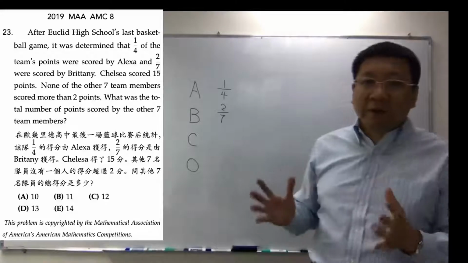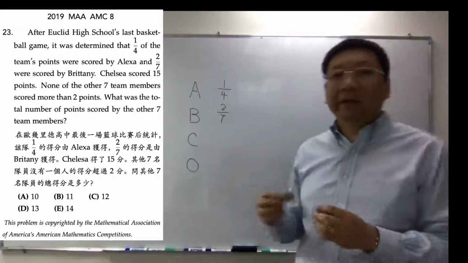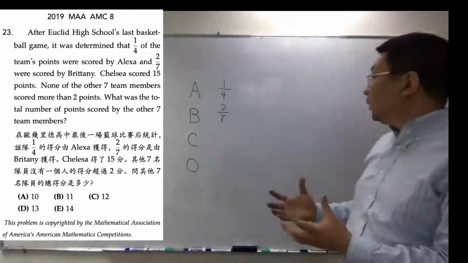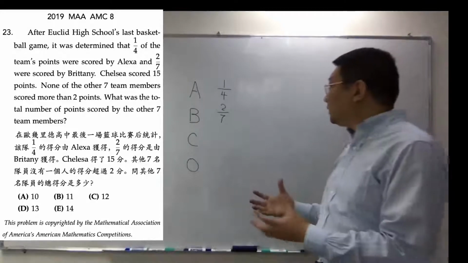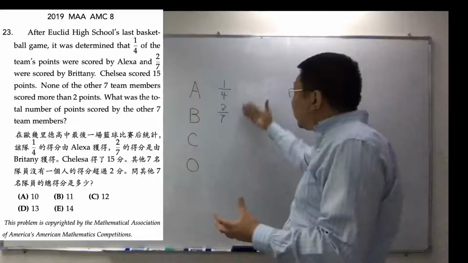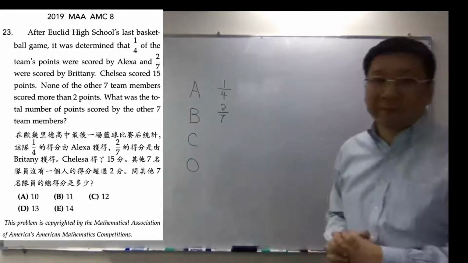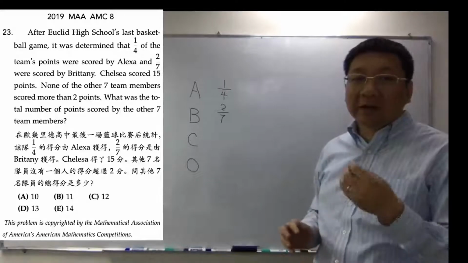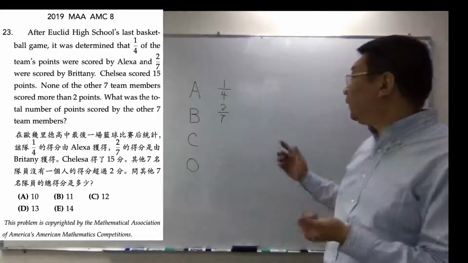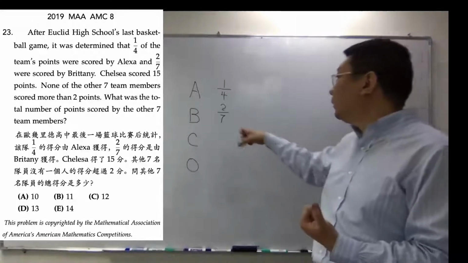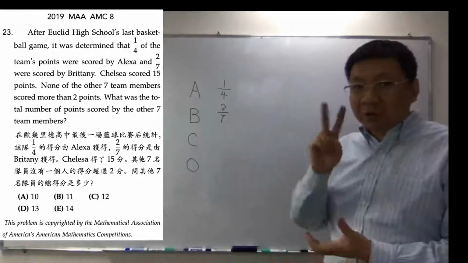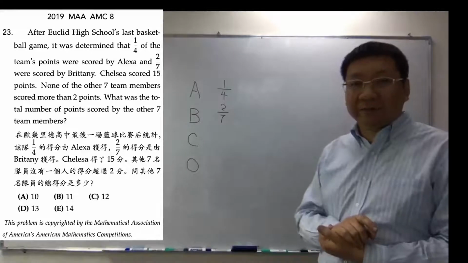So in this question, it talks about a team that earns a total score, and they state what is the contribution of each person. So for A, he contributed 1/4 of the total score. For B, it contributed 2/7.